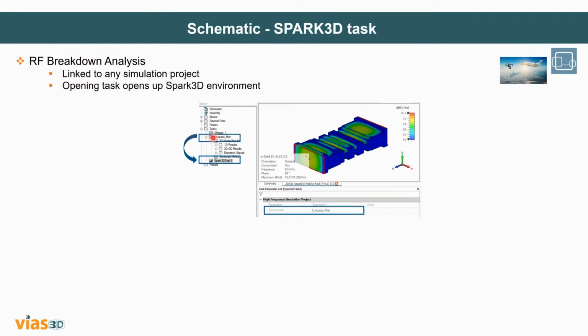So when you update this task, the Spark 3D GUI will open up, and you can change the power or any changes which have occurred in the model, and they will be directly reflected in Spark 3D. So this environment is available in 2022. This is more on the automation of the workflow with CST Studio Suite and Spark 3D.